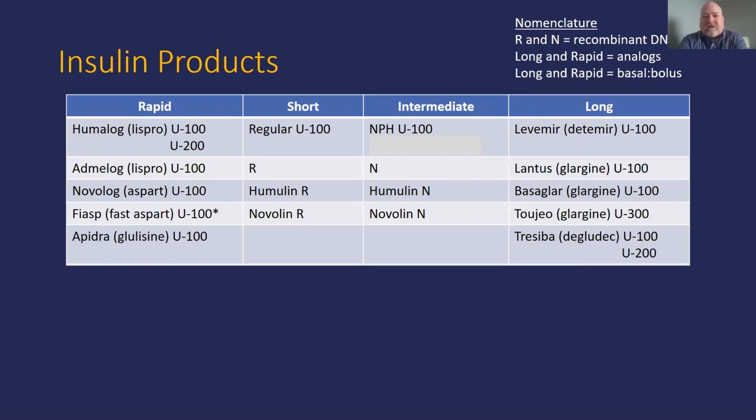Well, the answer there is it is regular insulin. So NPH is just regular insulin that has protamine added to it. When you add protamine to an insulin, it slows down and elongates the effect of that insulin. I'm going to say that again. When you add protamine to an insulin, it slows it down and elongates the effect.